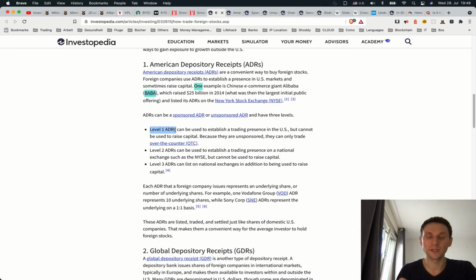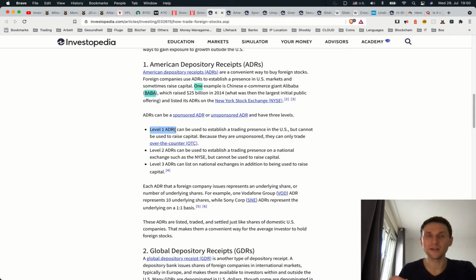If a foreign company has a level 2 ADR, it means this company can be listed on a national exchange like Nasdaq or the New York Stock Exchange, but cannot raise capital. So it means American investors can trade shares of this company, but this company is not allowed to raise capital. And we have a level 3 ADR.